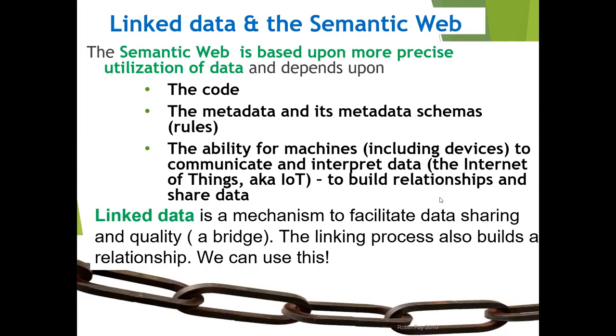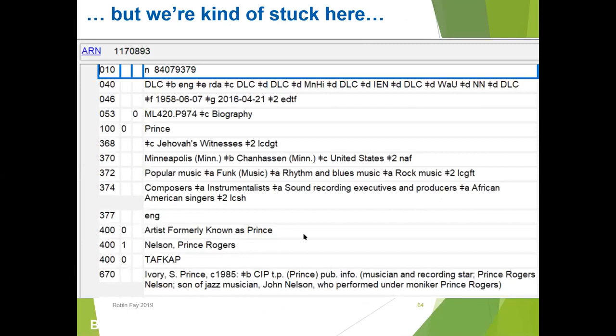So one of the things we're starting to think about is how we can use linked data to facilitate data sharing and quality, like how it can be a bridge to other resources, other schemas, other authoritative data resources. And that linking process is part of the process that builds that relationship. And that's something that we can do. Of course, we're kind of stuck here. And what you may notice about this record is that there's nothing hot linked here.